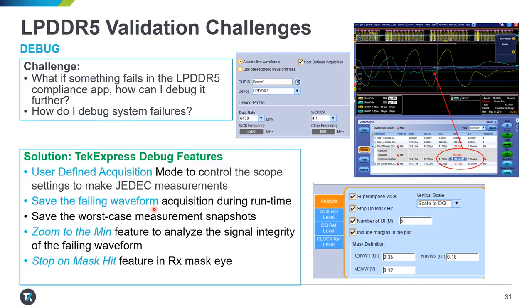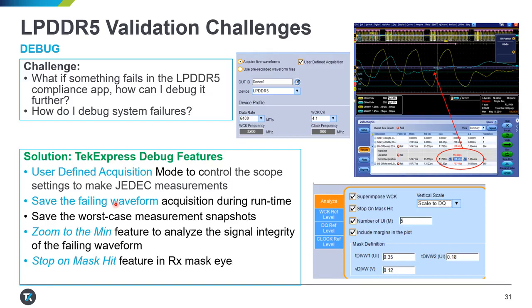Let's say the scope has to acquire, say, 8 times. And out of those 8 times, failure only happened in the 6th acquisition. This particular feature will let you save that 6th acquisition on the scope.